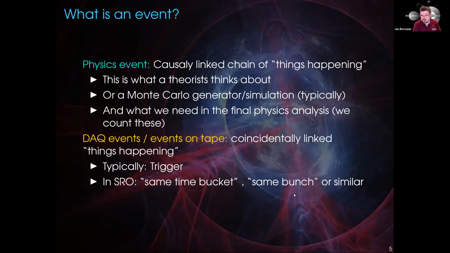And in streaming readout, we can emulate this, right? We have like time buckets and everything in the same bucket is then an event, right? Or we may associate it with a bunch crossing, right? So the same bunch crossing is an event or something like that. But that actually breaks down at some point if you have detectors which have really, really long conversion rate times.